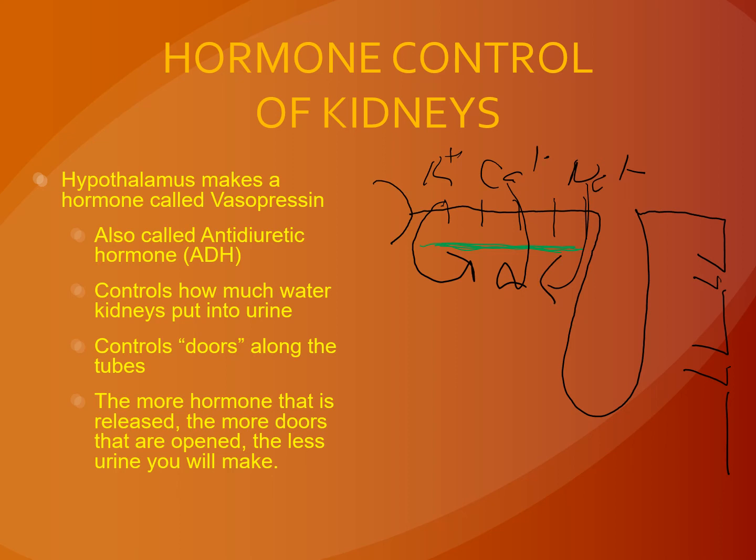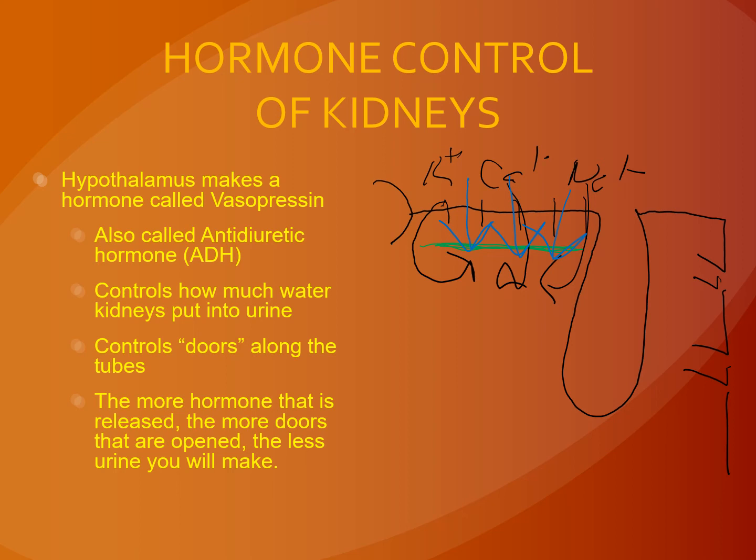Well, these are all ions. These are salts. So if I have a lot of doors open, I have a lot of ions entering my bloodstream. So therefore, my blood is getting thicker and more dense. So now water will leave my nephron and water will re-enter my bloodstream.